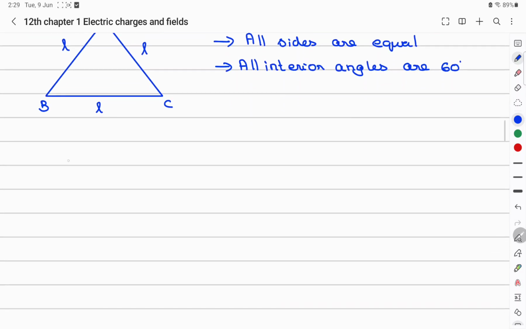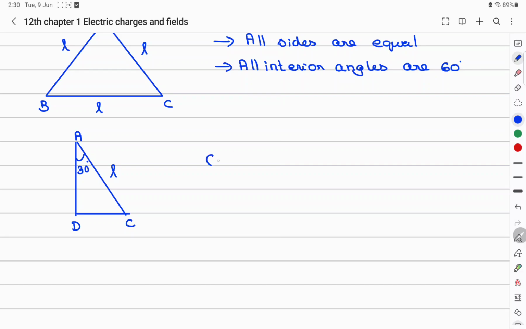Here I am taking half of the triangle, which is A, D, C, where AC is L and the reference angle will be 30 degrees.